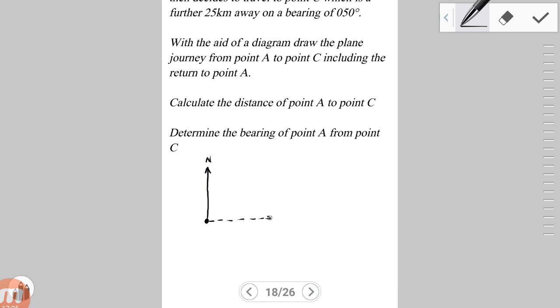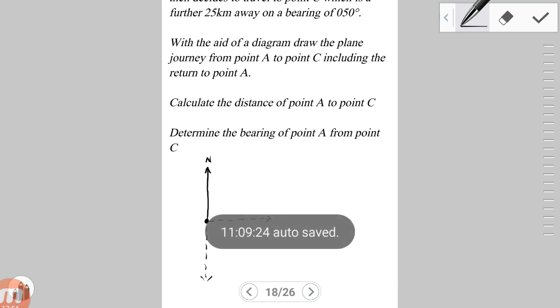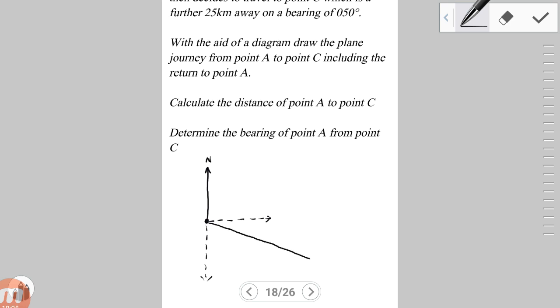Okay, so you don't need to necessarily put the angle 90 degrees. We just establish that this is 90 degrees. And so we know that it's greater than 90, so we're going to need another guideline, which is going to be 180 degrees. Okay, so here is our south. So 110 we know is less than 135, so 110 is really closer to 90 than it is to 180, so it's going to be an estimation of about in this direction here.